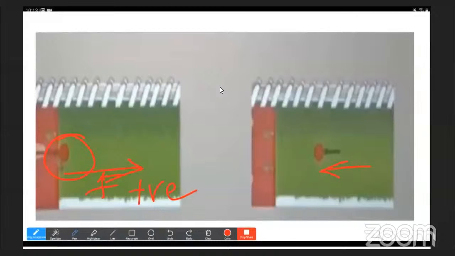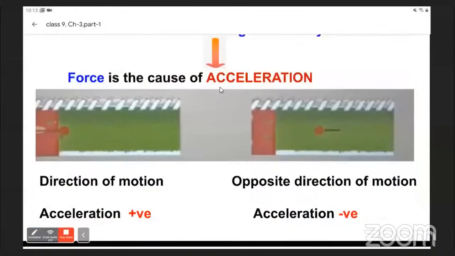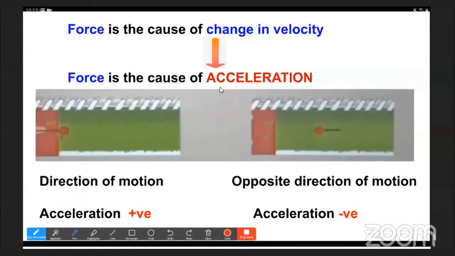We are seeing that force is a cause of change in velocity, and also we can say that force is a cause of acceleration. Right? So here the acceleration is positive in the first case, and in the second case the direction of force is opposite to the direction of motion, so the acceleration is negative because the object comes to a stop after a certain time.